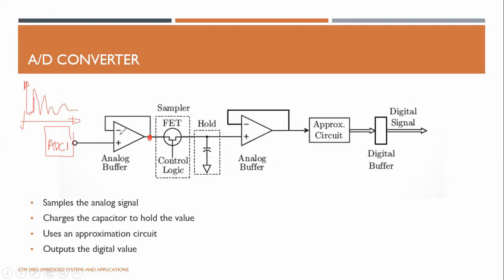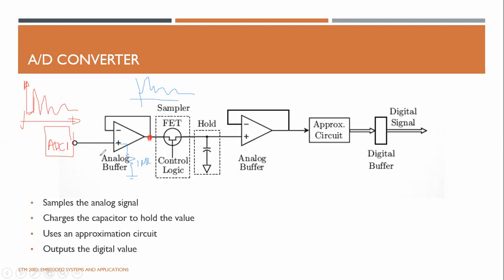Whatever signal comes here will appear here without any modification. The purpose of using the analog buffer is to avoid any loading. The op-amp has a high input impedance, right? Whatever signal comes here, maybe 1 mega ohm resistance is seen, right?